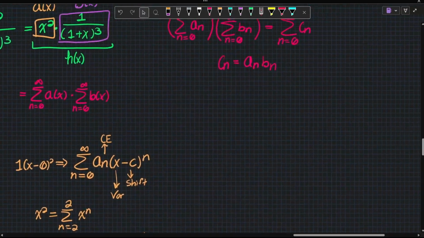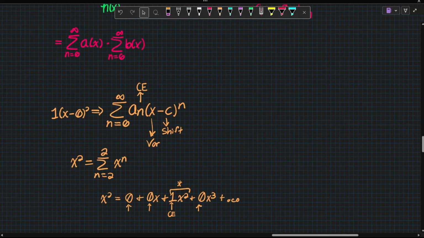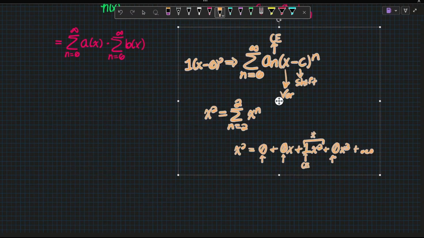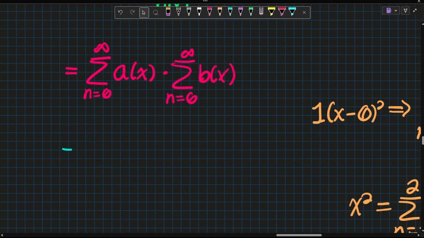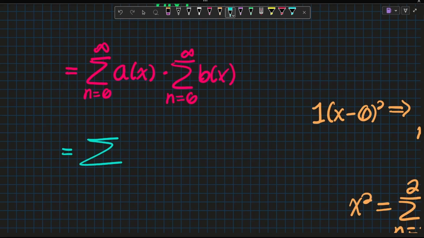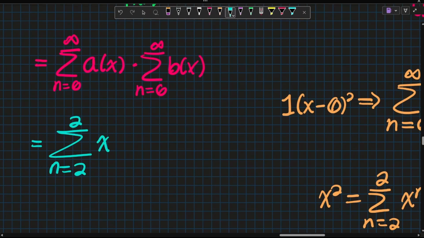Let's see here. How do we do this? Okay, well, using that fact, we'll just go off of that. That means we have to express this as the product of this series, n equals 2 to 2 of x to the n, times the series from n equals 0.